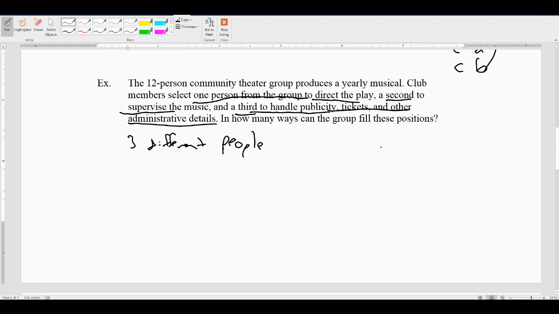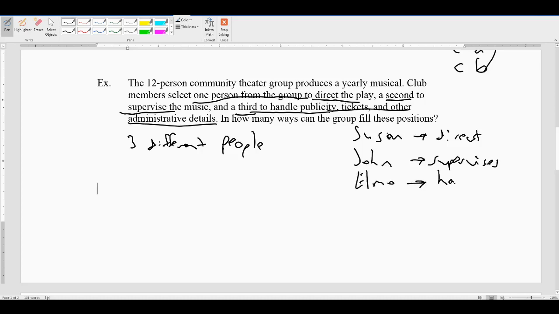So when you think about this, today you may have Susan direct, and then John supervises, and then Elmo handles everything else.